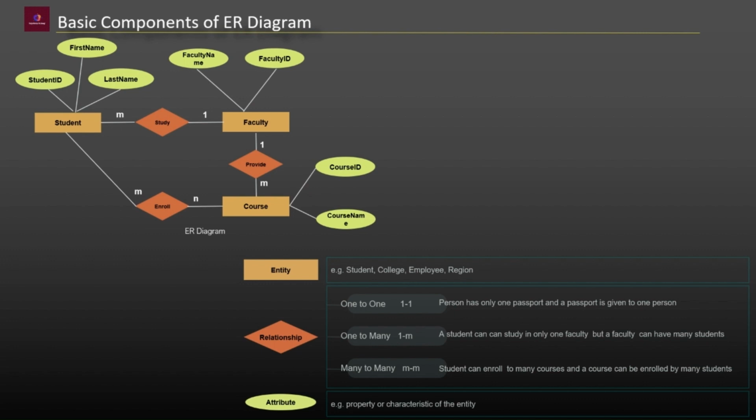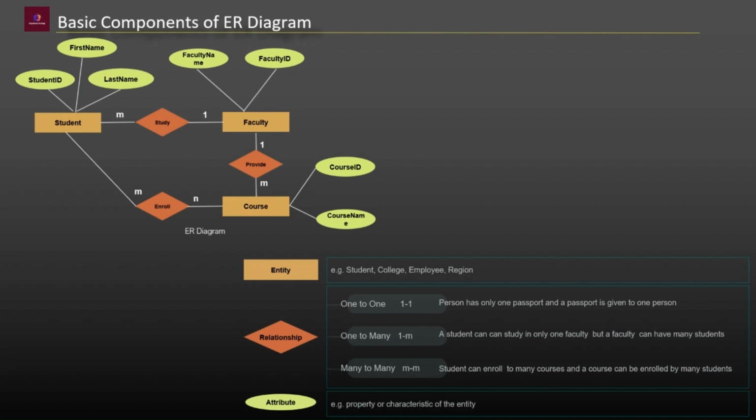For another example, a faculty could have many courses. For example, the engineering faculty could have mathematics, physics, and chemistry. That is why the courses side is represented as M. But a specific course like chemistry cannot belong to both engineering and law faculties at the same time.